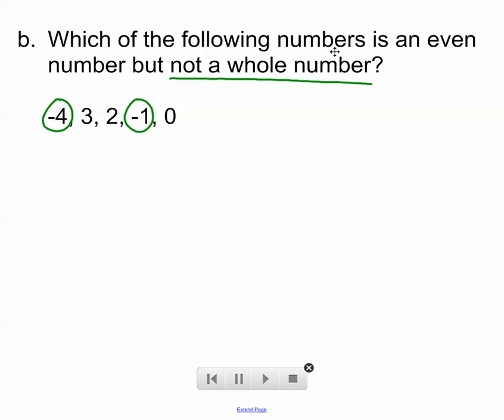And now it says which of the following numbers is even? Well, of these two that are not whole, the only one that's even is -4, because it is divisible by 2. So -4 is an even number, but not a whole number.